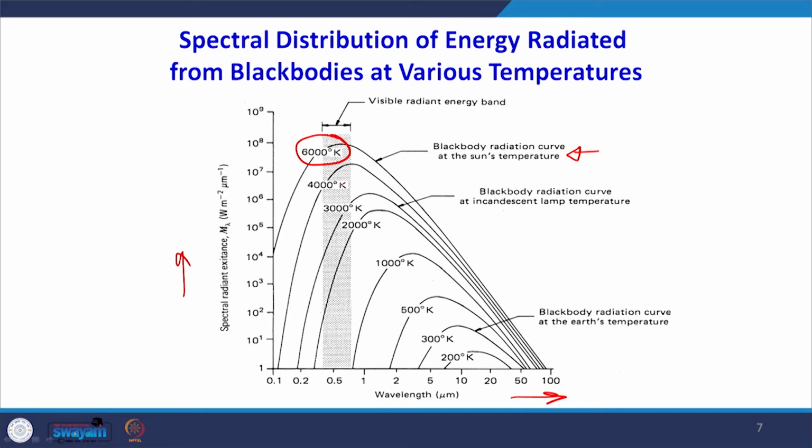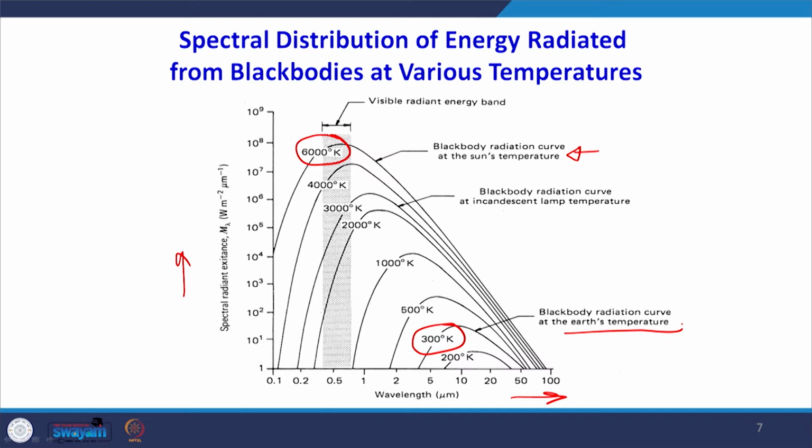But if we see the earth temperature, which is here 300 degree Kelvin, the earth surface temperature, the peak is there, but the peak has shifted to the higher wavelength region. In this diagram we can see intermediate curves are also drawn at different temperatures.